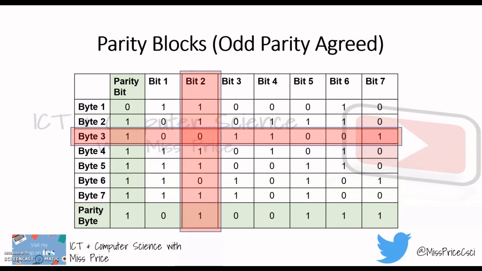And the same as this column. But the good thing is, we've narrowed it down to this 0 here. And all we've got to do to fix it is change that 0 to a 1 to make our odd parity agreement, which is quite simple, but, you know, probably time consuming for the computer and time consuming for the processor.